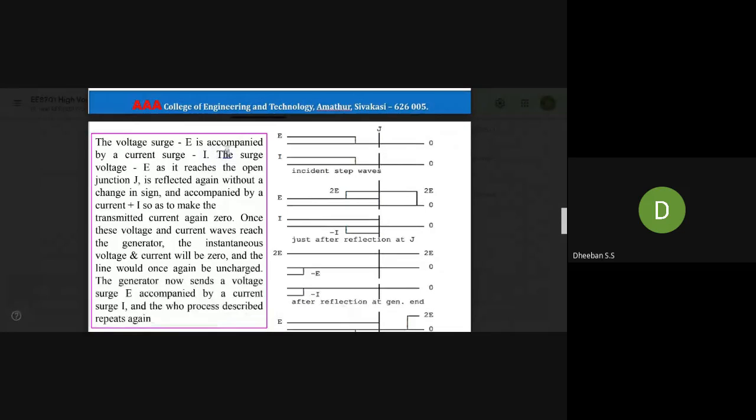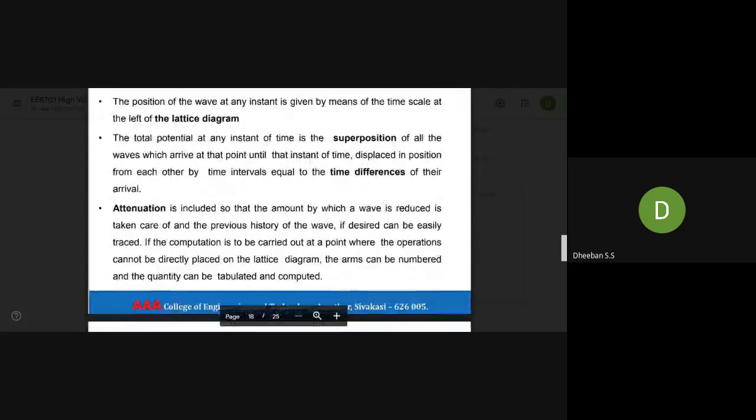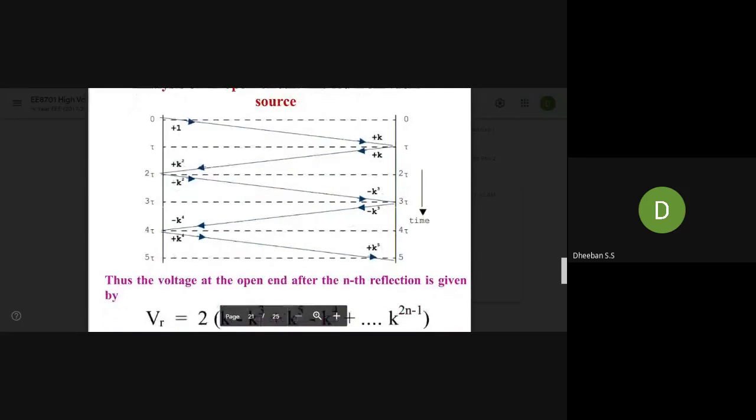When it is coming to the third time, your surge voltage becomes negative. So in general, over here you will be taking the minus of k square.